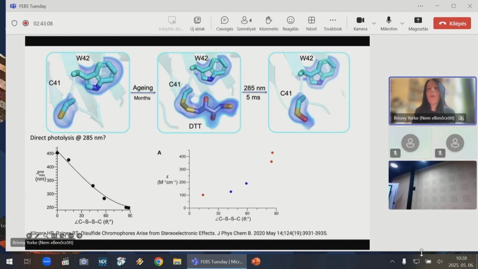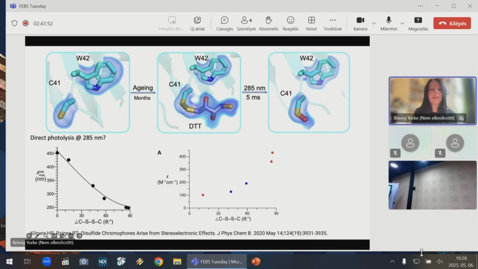We wanted to know what mechanism was taking place here. Did we have direct photolysis of a disulfide bond, or was another process taking place, perhaps involving the neighboring tryptophan from each of our disulfide bonds? We looked more into this, and what we found was that the carbon-sulfur-carbon dihedral or torsion angle greatly affects not only the maximum wavelength of absorption of disulfide bonds, but also the extinction coefficient.